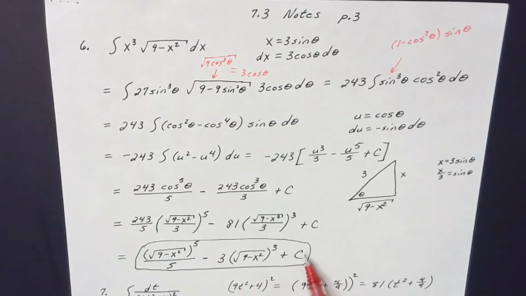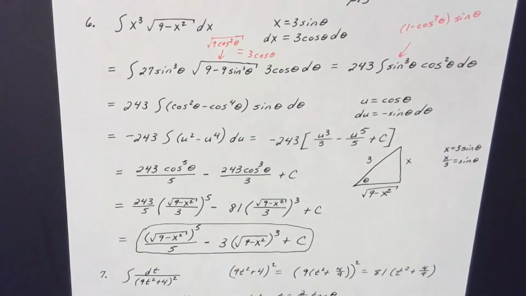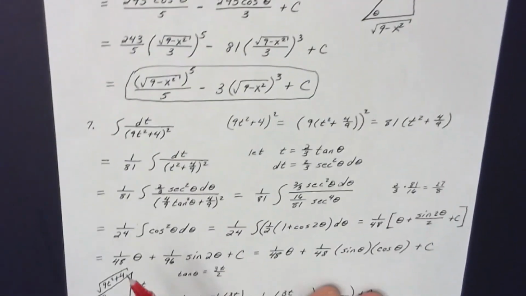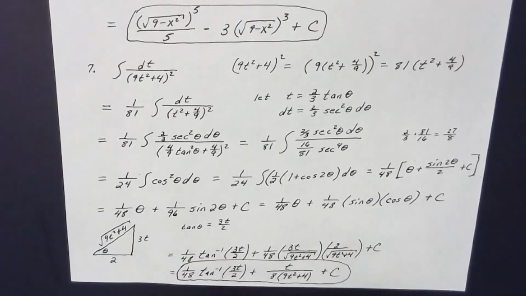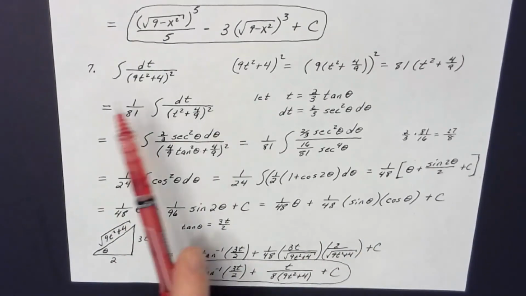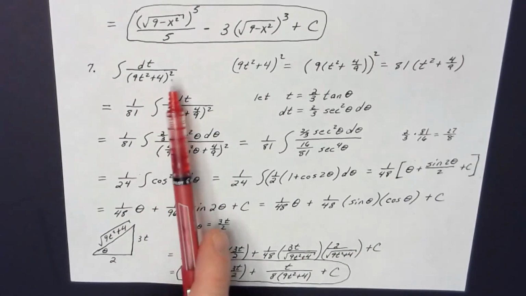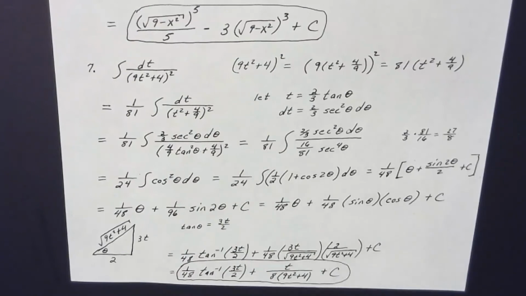The final problem I want you to see in this section is number 7 here with me. When we look at this one together, you can say, okay, you have the group 9t squared plus 4 quantity squared in that denominator. So the thing that I really was concentrating on in here first is to try to simplify out that group.